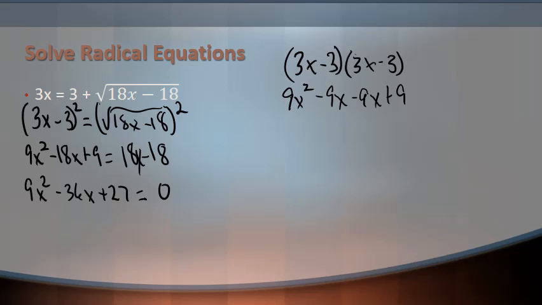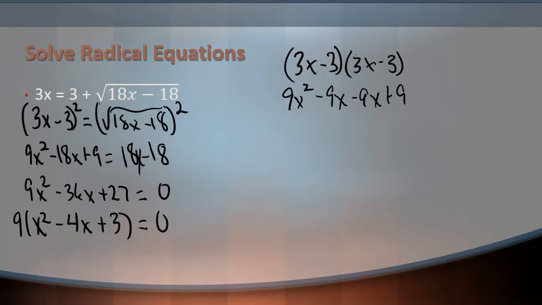Now, everything in here is divisible by 9, so I'm going to factor out 9. It's going to leave me with x squared minus 4x plus 3 equals 0.